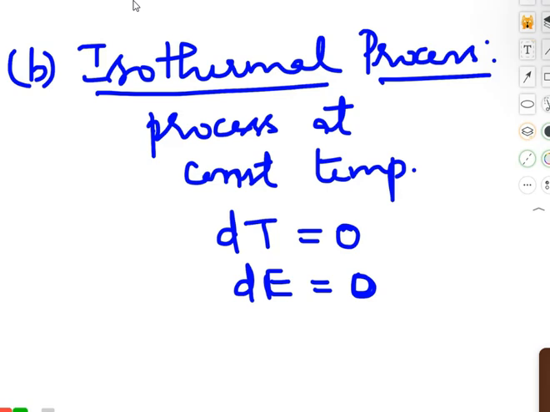But when the temperature changes, what happens to the system? Work is carried out. Steam engine. As a result of a rise in temperature, work is carried out. But here, it is not possible. When there is no change in the temperature, there is not going to be any change in the energy also.